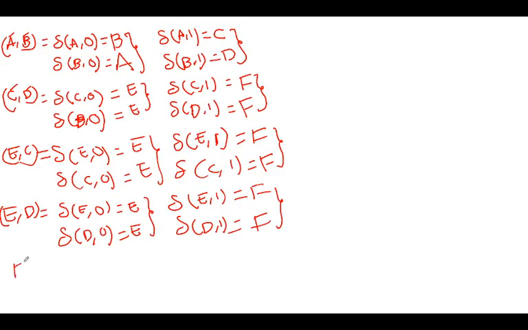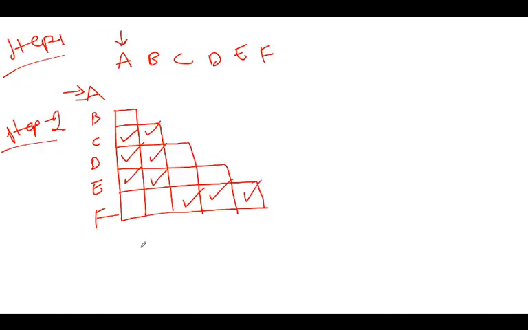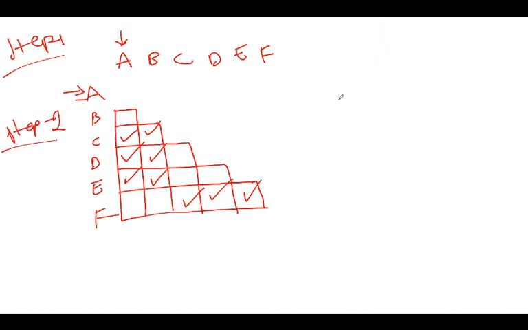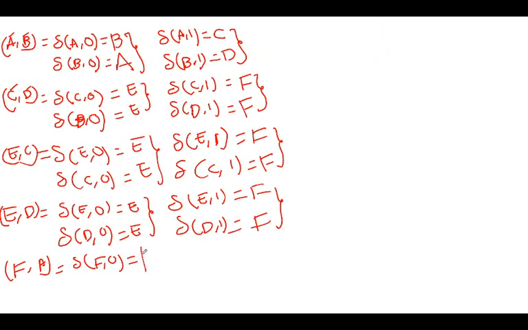Then FA. F comma A. Transition of F comma 0: F taking the input 0 will be in the same state.